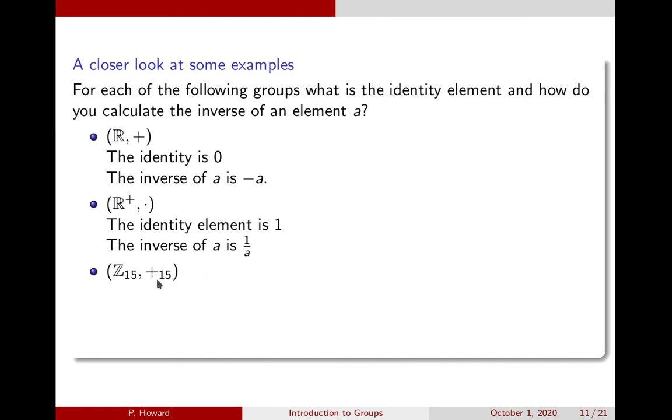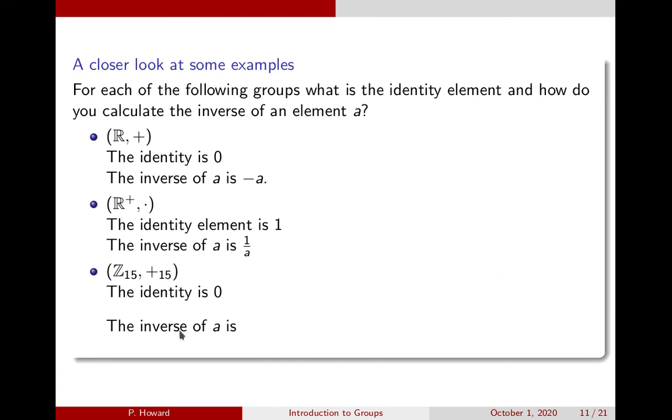Z15 with the operation plus sub 15. What is the neutral or identity element in Z15? 0. Almost always when you're doing some kind of an addition, the identity element will be 0. And how do you find the inverse of something in Z15?